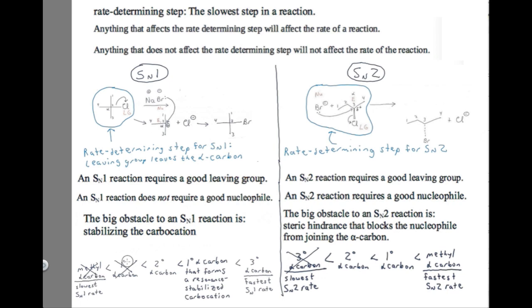Normally we can't use primary alpha carbons for SN1, but here's an exception. We can use a primary alpha carbon that will form a resonance stabilized carbocation for SN1. And again, it would be even better to try an SN1 reaction with a secondary or tertiary alpha carbon that forms a resonance stabilized carbocation, but I'm not going to include that in the list just to keep the list from getting too complicated. This should be enough for us to get our exam problems correct.